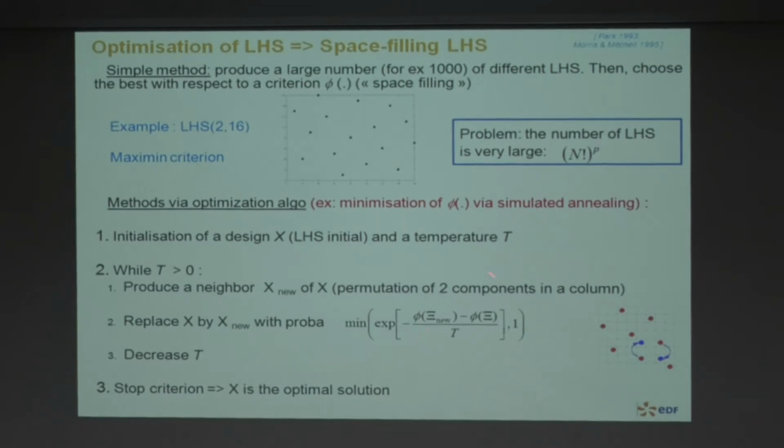So I initialize a design and temperature, and after, I have to define what is a perturbation of a design. Because in this algorithm, I will explore the space, but I will not explore the space randomly. At each iteration, I perturb the design with a rule.